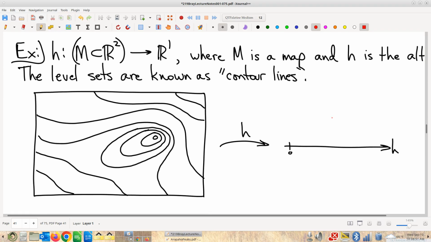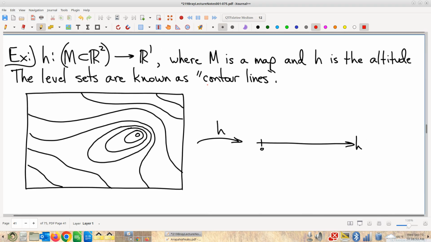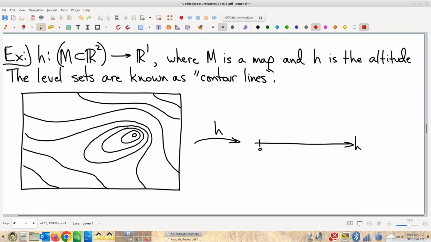Okay, a couple of examples. Y'all have probably seen this idea called contour lines. And the idea of a contour line is that every point on, let's say this curve right here, every point on that curve has the same altitude.